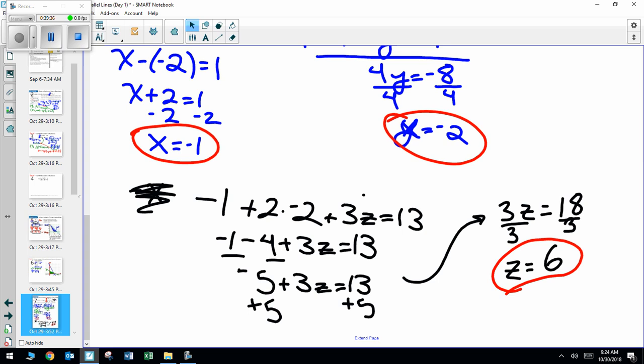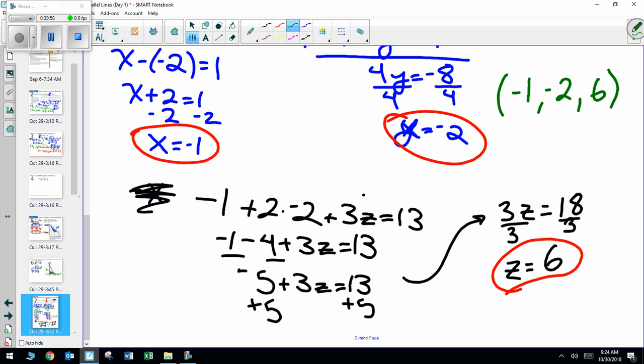The idea is you want to add together equations until you get rid of 2 variables, and then you can start plugging back in once you've found what one of the variables is. Right, so my final answer, I would write this as a coordinate point. It'd be -1, -2, 6 as my final answer.